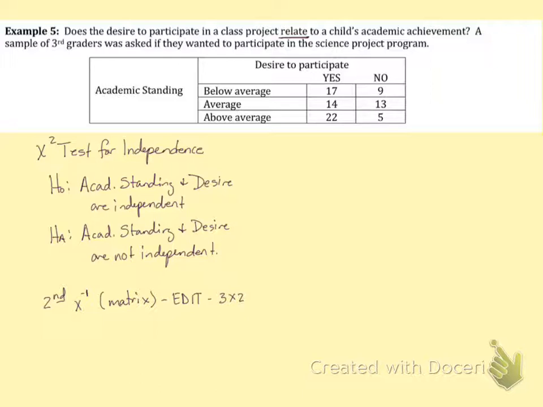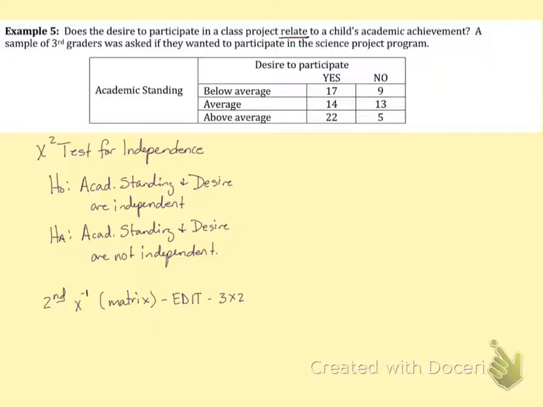If you mix it up, you'll notice that you get things in the wrong order. So then just fix it. Then we want to fill in all of our numbers. So we'll do 17, 9, 14, 13, 22, and 5. And once you have matrix A filled in, just exit out of it. Just hit quit.